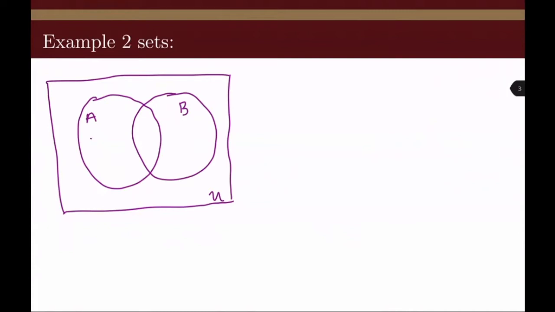So we'll call this one 1, their intersection 2, 3, and 4. There are 4 areas of this Venn diagram. The part in A but not in B is Roman numeral 1. So these are elements in A but not B.